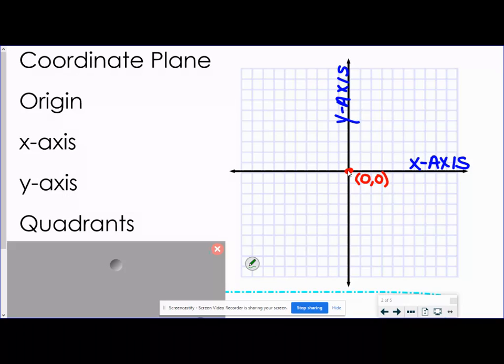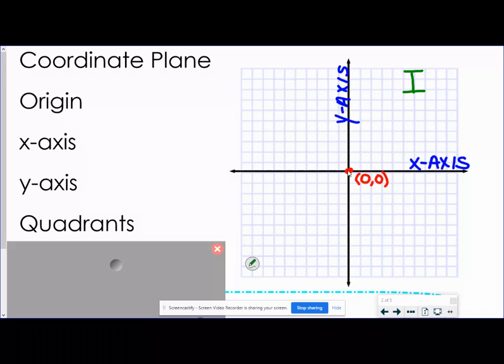Quadrant 1, a lot of people want to put in the top left, like over here. But that's not where quadrant 1 is. It's where we usually start. Like if you start reading or writing, you're going to start at the top left. But quadrant 1, and again, Roman numerals, that's quadrant 1.